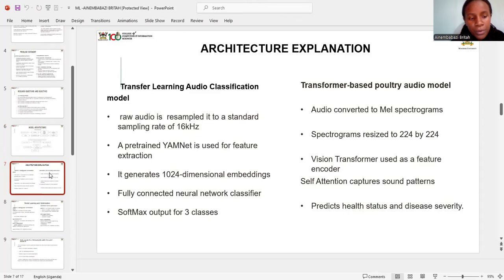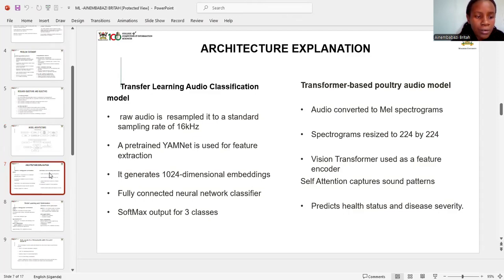In this model, the raw poultry audio recordings are first resampled to a standard sampling rate of 16 kilohertz to ensure consistency across all recordings. After pre-processing, a pre-trained model, YAMNet, is used as a feature extractor.